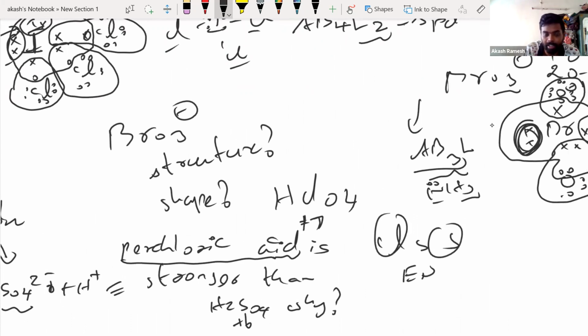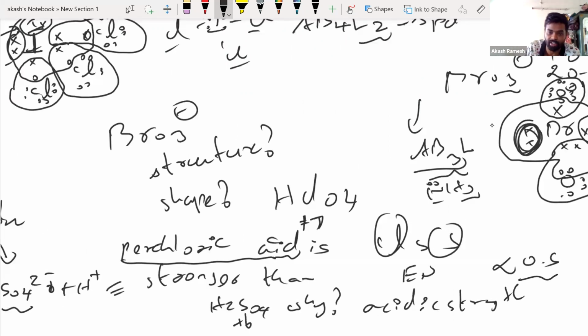Here I have a +7 oxidation state, but in H2SO4, sulfur has only +6. Remember, acidic strength is directly proportional to the oxidation state. More and more is the oxidation state, more and more will be the acidic strength.